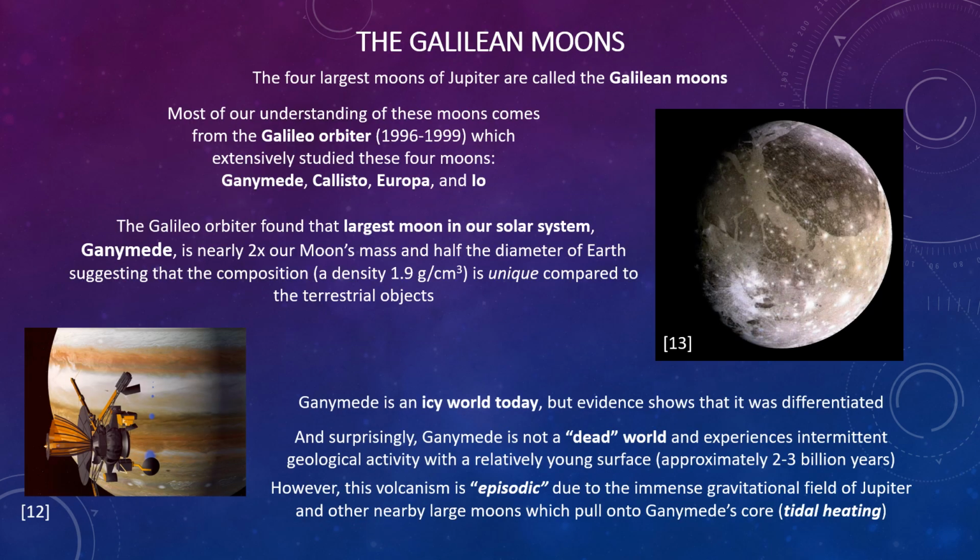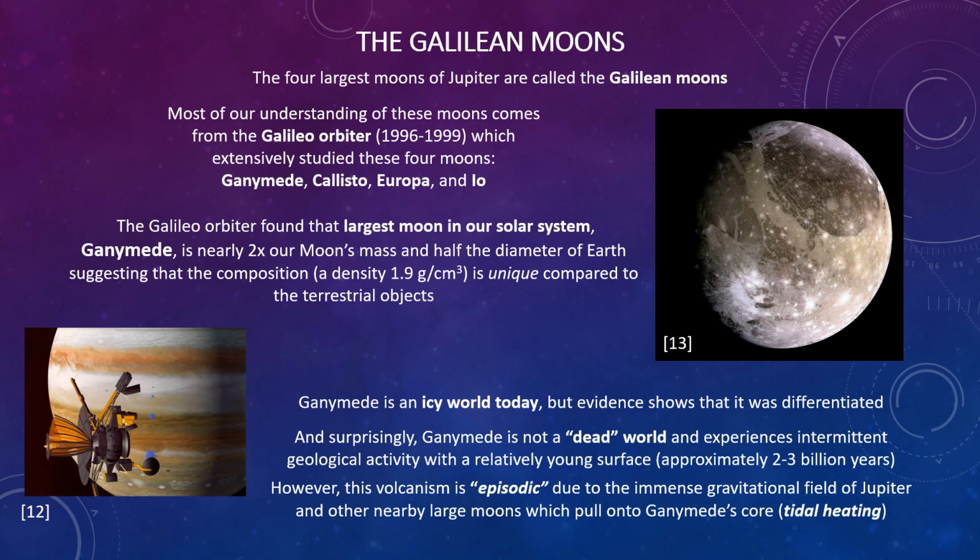So we've talked about them quite a bit, so now let's get to know them up close, the Galilean moons. These are Ganymede, Callisto, Europa, and Io, and they were visited by the Galileo orbiter in the late 90s and extensively studied.